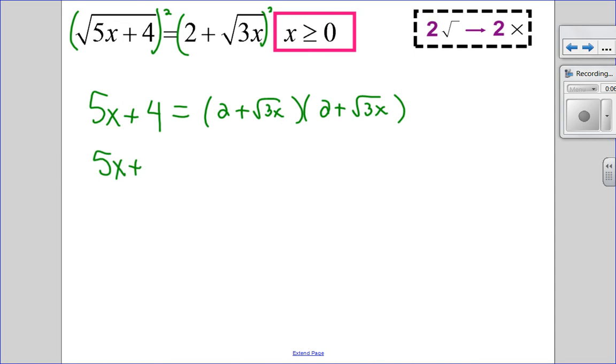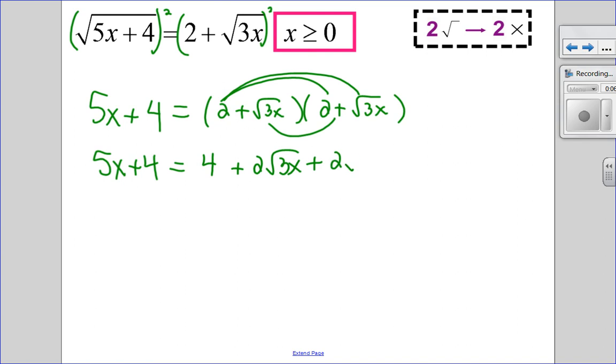So here I have 5x plus 4 equals, now I apply the distributive property. So 2 times 2 is 4. 2 times root 3x, root 3x times 2, root 3x times root 3x. Remember that root of the same thing times root of the same thing equals the same thing without the root.